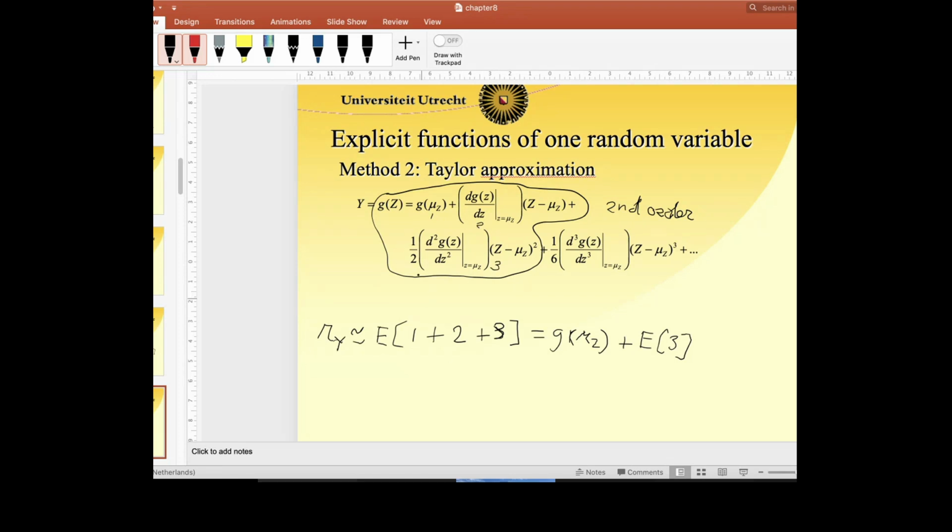Well, let's analyze that. If you take the expected value of something, that something can go out of the expected value, because this is a deterministic thing.